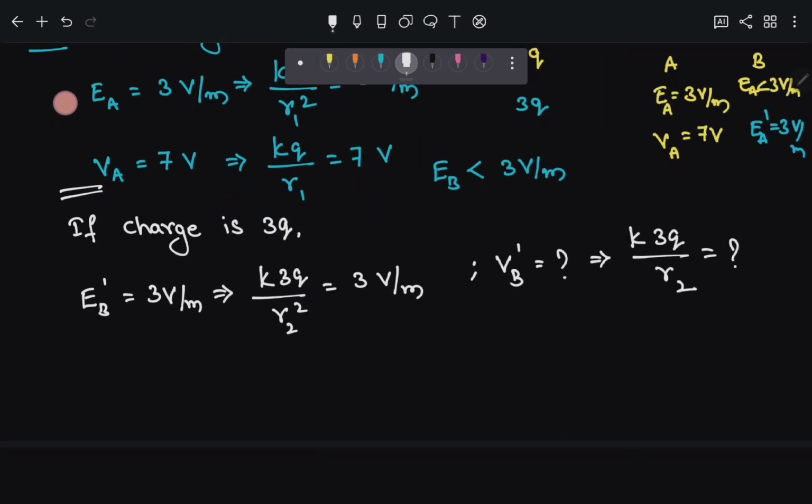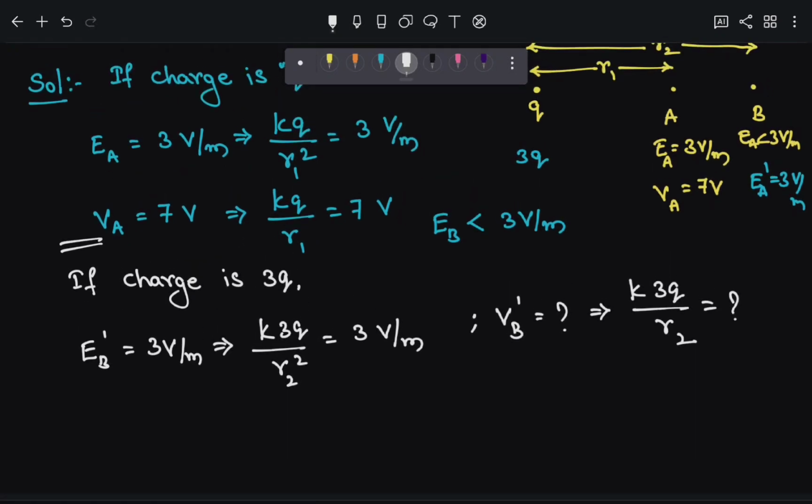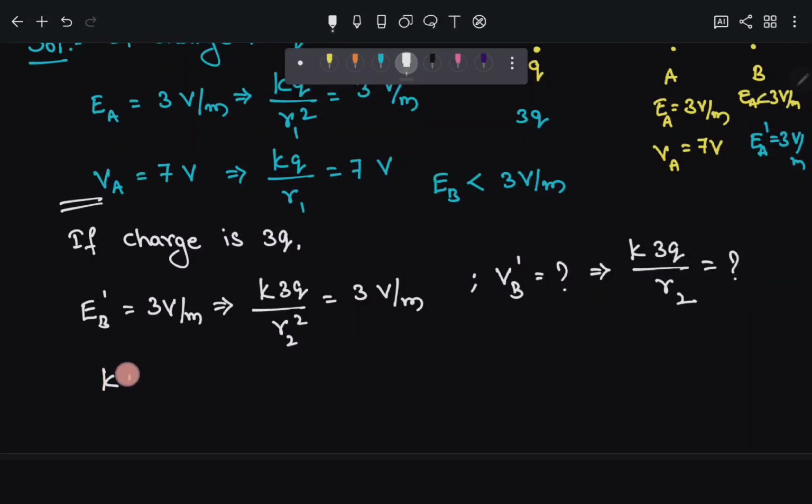So let us equate EA and EB dash. As you know, EA and EB dash are 3 volt per meter. So KQ divided by R1 square is equal to 3KQ divided by R2 square. If you directly cancel KQ, you can see that R2 is equal to root 3 R1. Okay, we got the R1 and R2 relation.